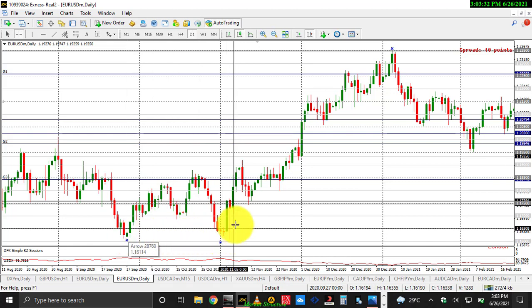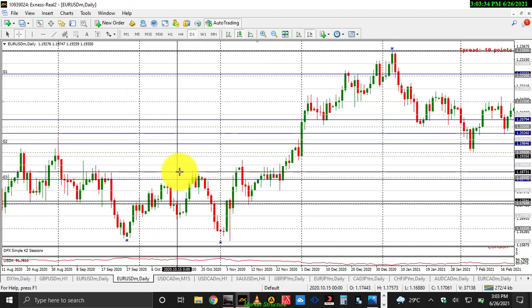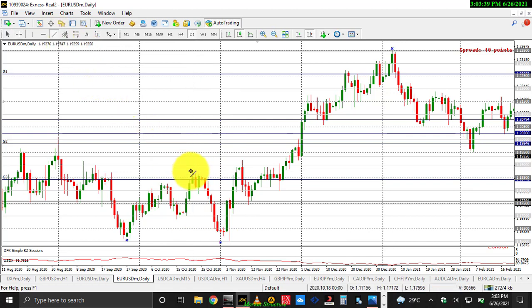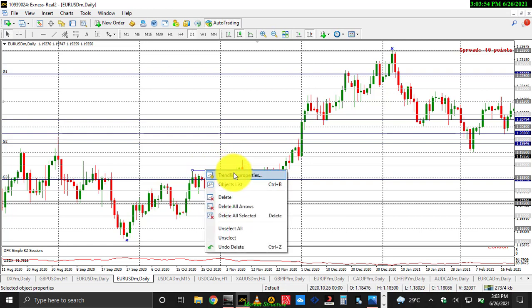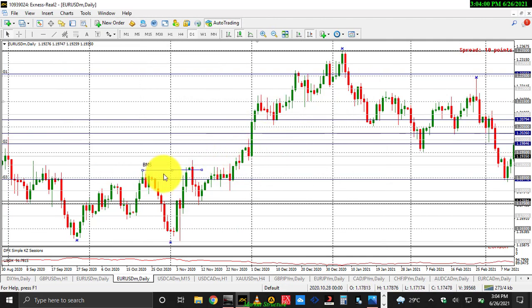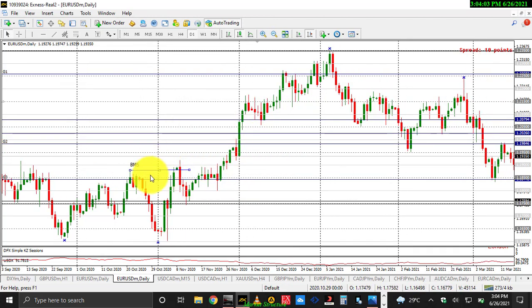And then we rallied up. And then the first swing high which was broken was this side, somewhere there. Okay, so this is BMS, breaking market structure, right over there.